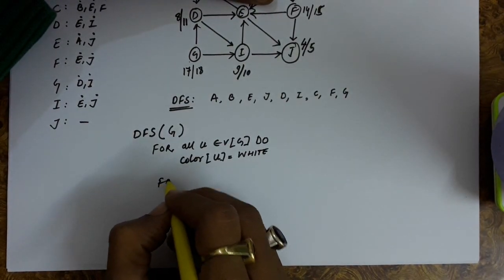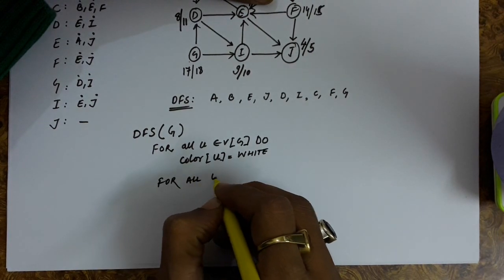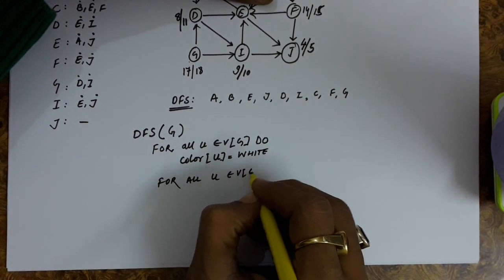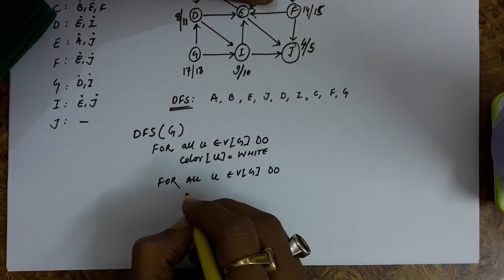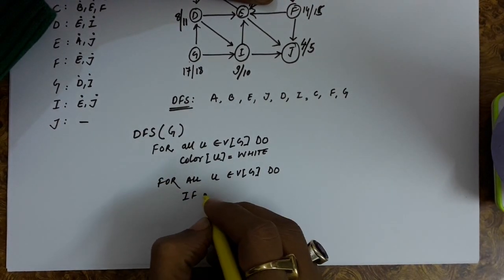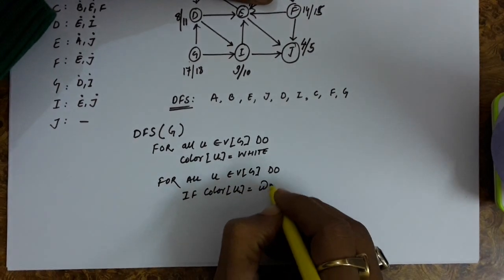Fine. Then for all u element of vertices of graph, do: if the color of u vertex is white, then explore this vertex.